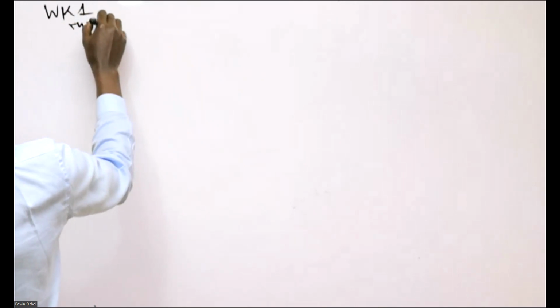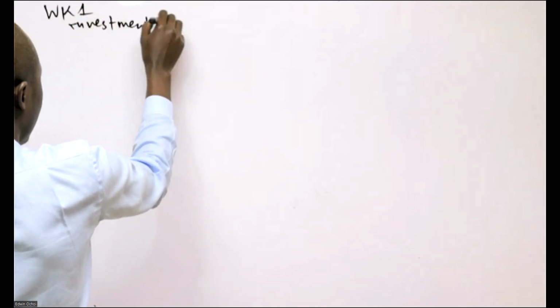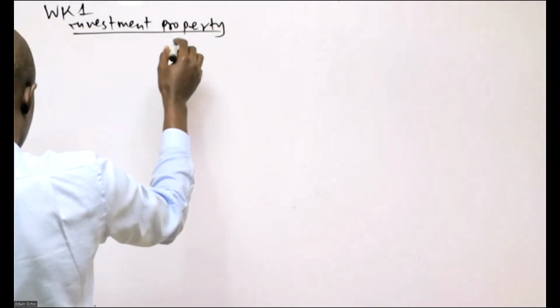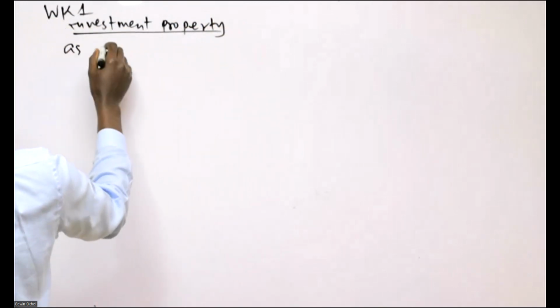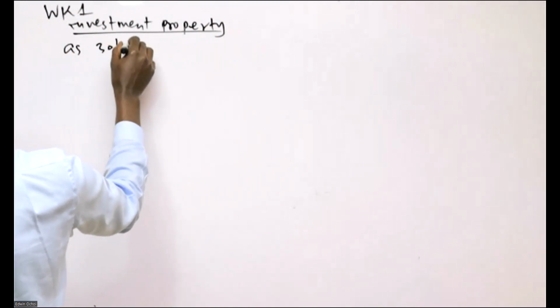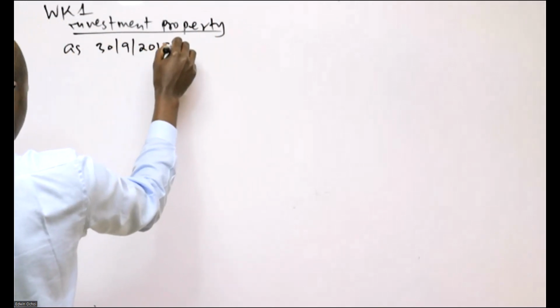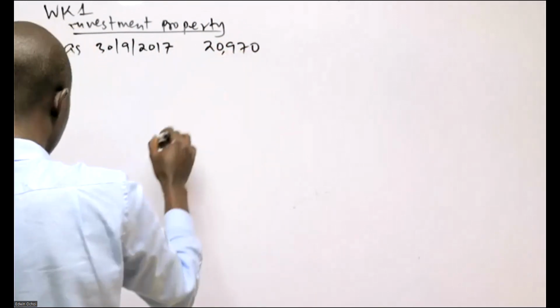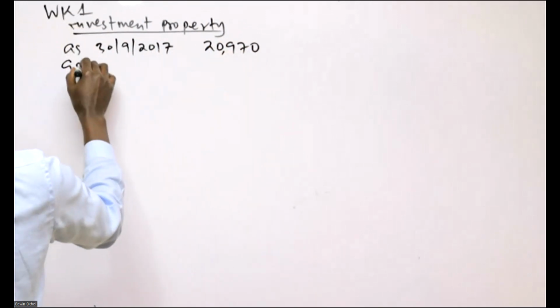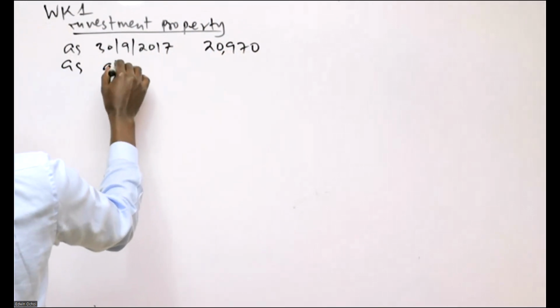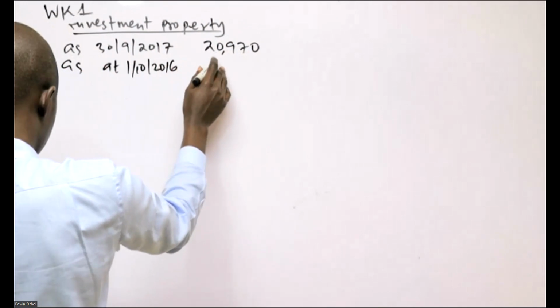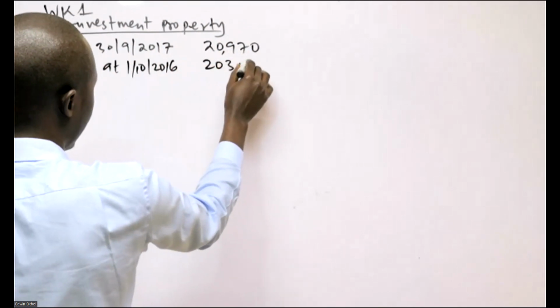So working number 1, the investment property. As at 30th September 2017, it was stated at 27,990 according to the additional information. As at the start of the year, 1st October 2016, it was stated at 23,340.